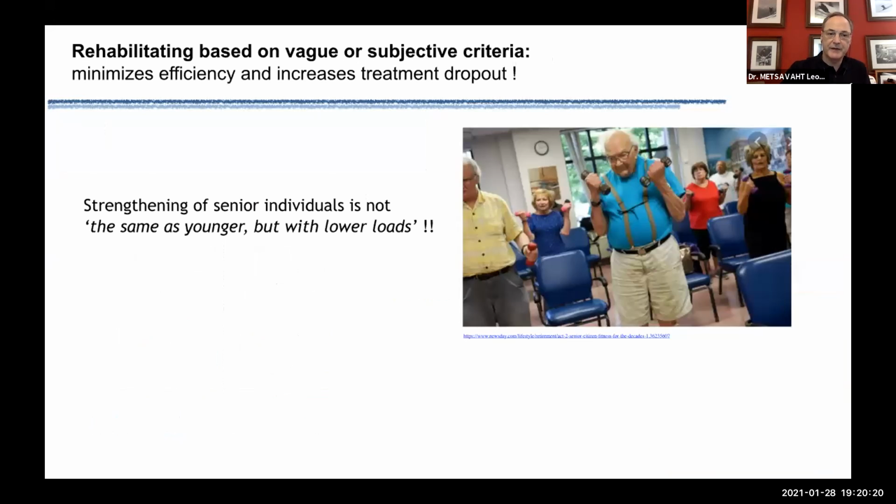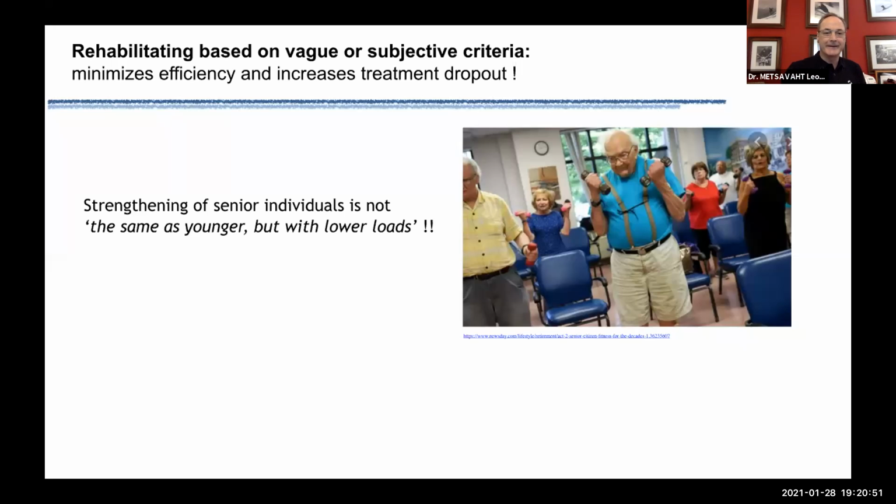But the problem is that strengthening of senior individuals is not the same as younger, but with lower loads. That's one of the biggest mistakes we see, whenever we send our patient for strengthening, then the PT or the trainer simply does absolutely the same thing he does with a young patient, but with lower loads.